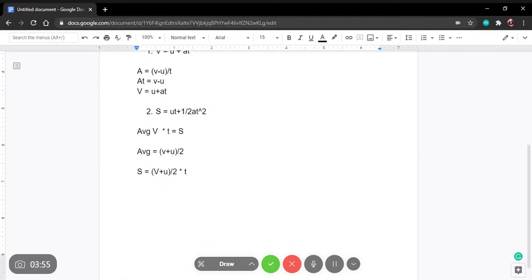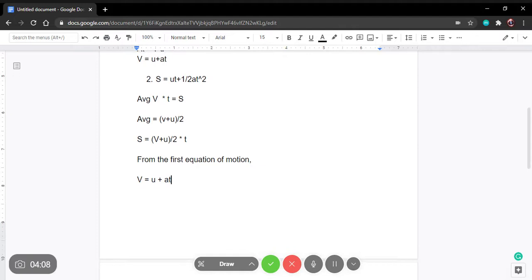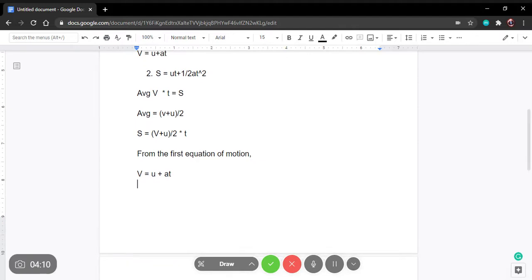Now, from the first equation of motion, we have v is equal to u plus at. Since v is equal to u plus at, whenever we have a quantity of final velocity, we can replace it with initial velocity plus acceleration into time.